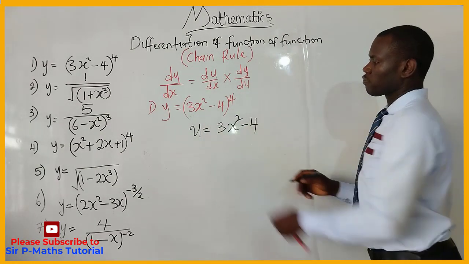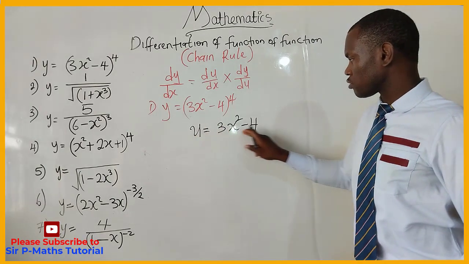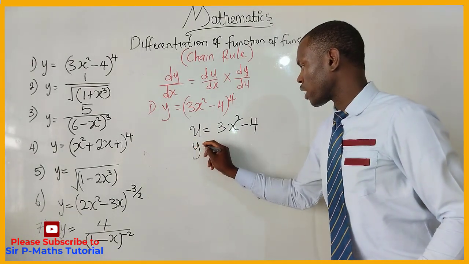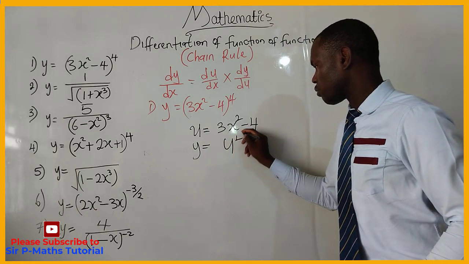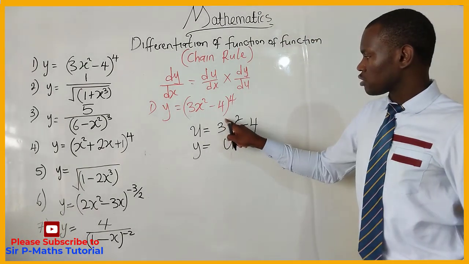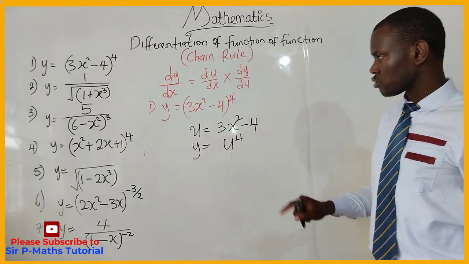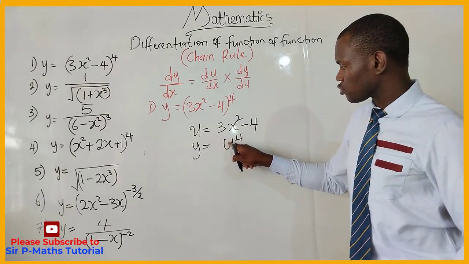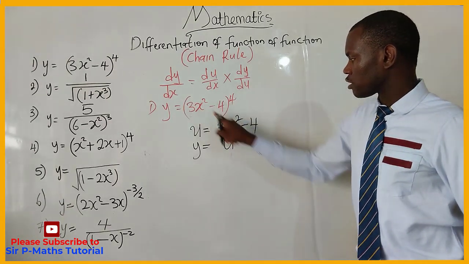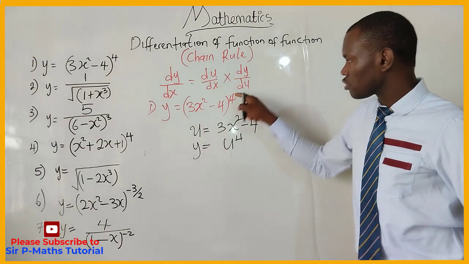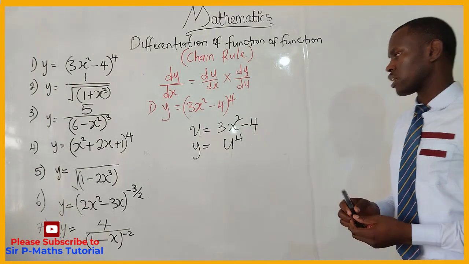Then if u is equal to this, that means y is equal to u raised to the power 4. Everything here is u, therefore I will substitute u for everything here. So this is u raised to the power 4. This is what I have.